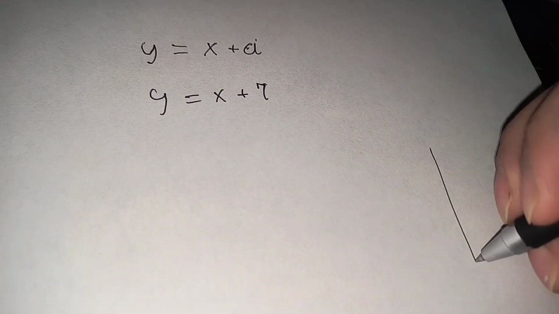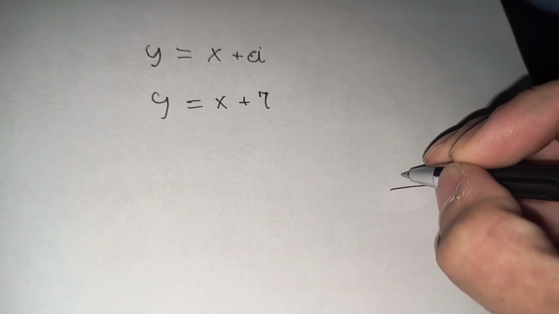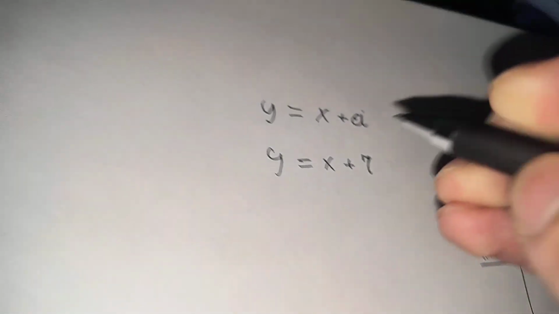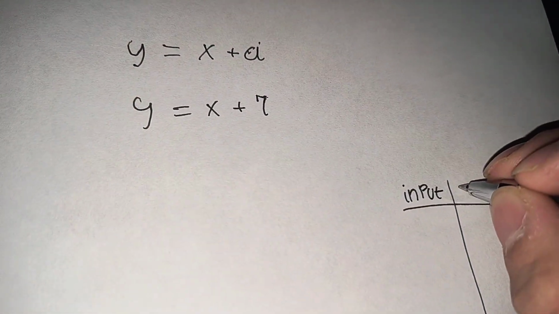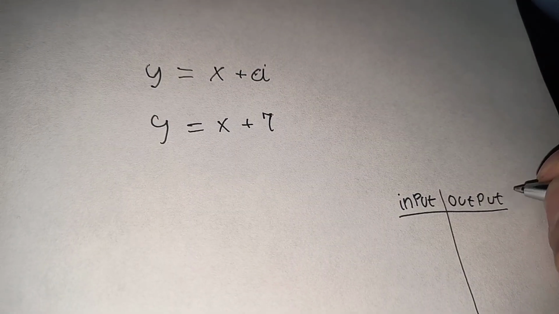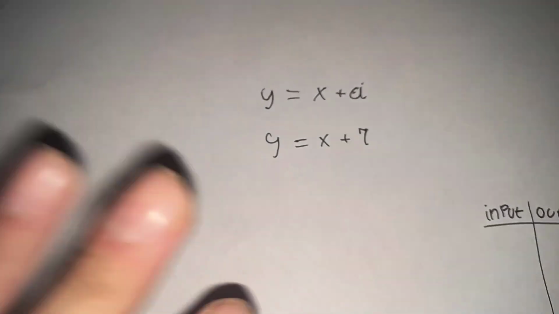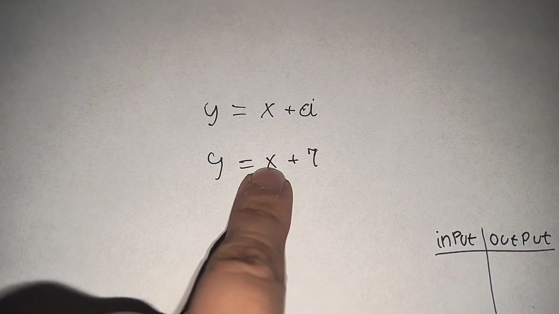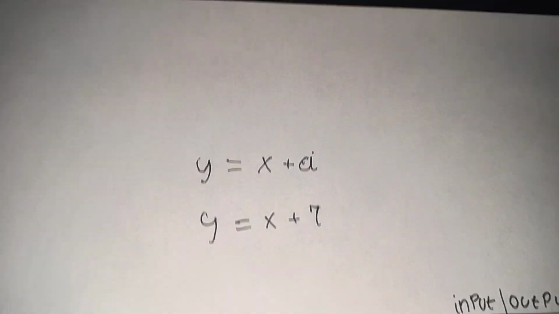If we were to write an input-output table, x would be the input, and y is the output. The way we get numerical patterns out of this is that we have x, the input, and we follow these instructions with each input.